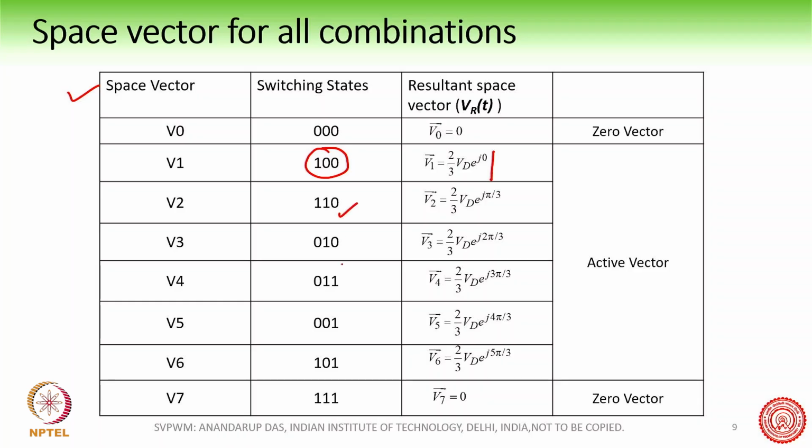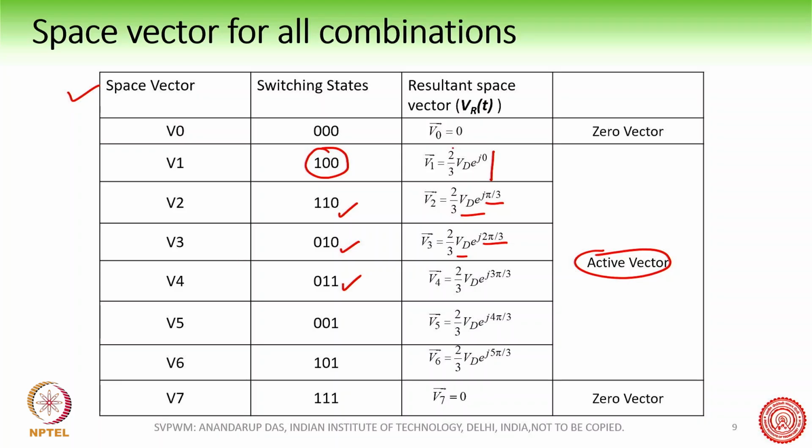Similarly, if you use 1 1 0 or 0 1 0 or 0 1 1, you will see that the resultant space vector is 2/3 VD at an angle of, say, 60 degree, pi by 3. Similarly, 120 degree, 2/3 VD at an angle 120. These are all the active vectors, producing a resultant vector which has a certain magnitude at a certain angle.